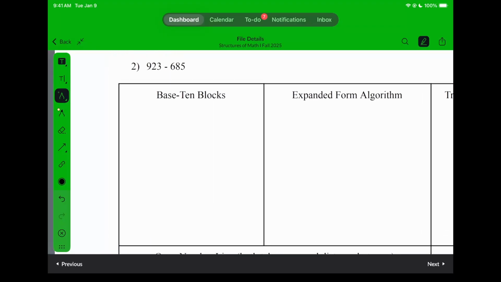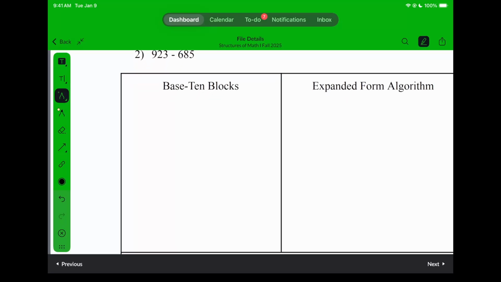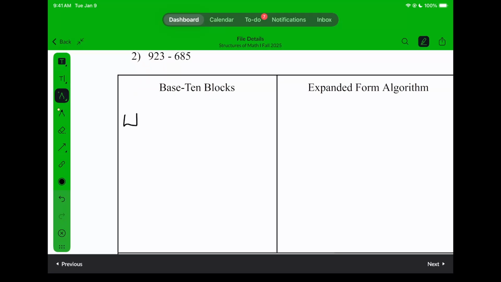So here's what that looks like: 1, 2, 3, 4, 5, 7, 8, 9, 23. From this, we need to take 685 away.